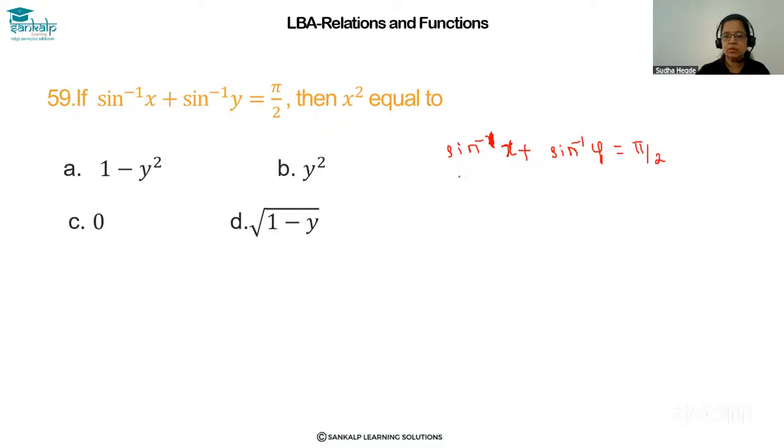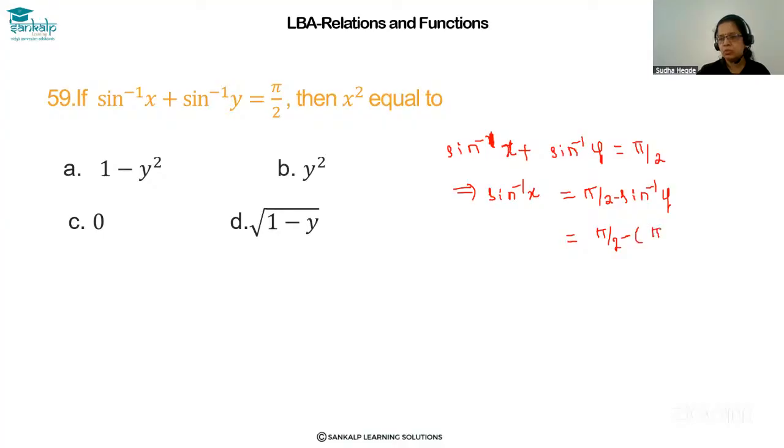Correct. This implies sine inverse x is equal to pi by 2 minus sine inverse y. Got it? You convert this in terms of cos.